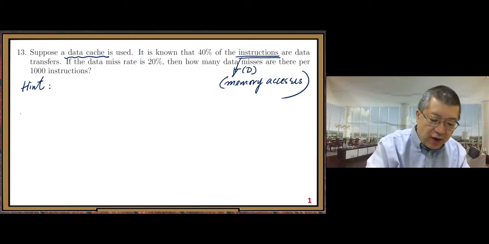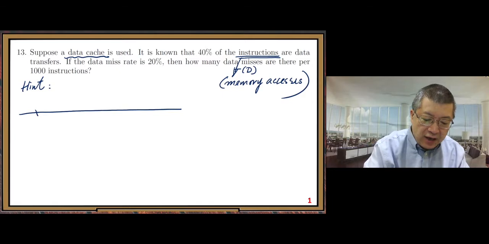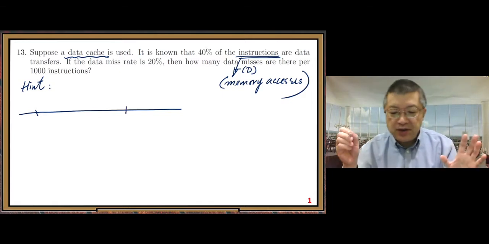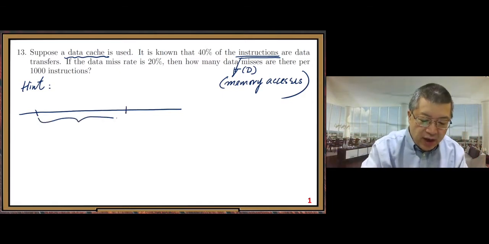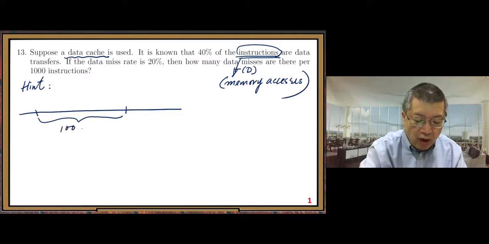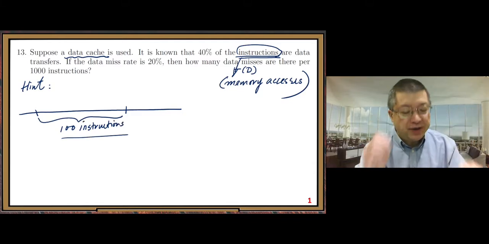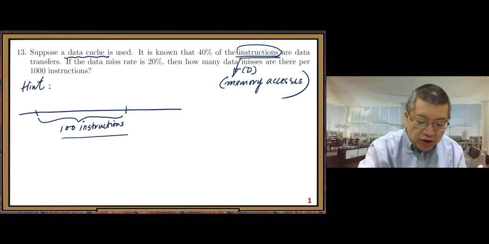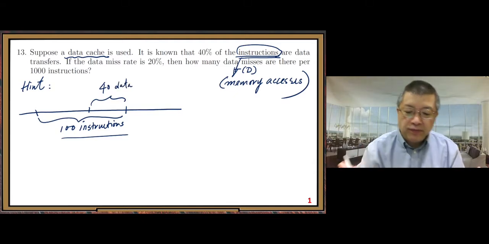If I draw the line segment, we see instructions there, so we assume we have 100 instructions for convenience. In 100 instructions, 40 of them are data transfers.